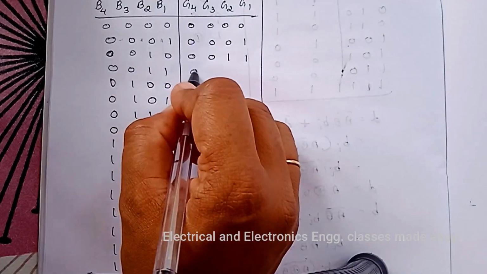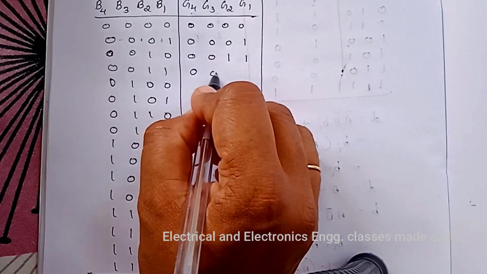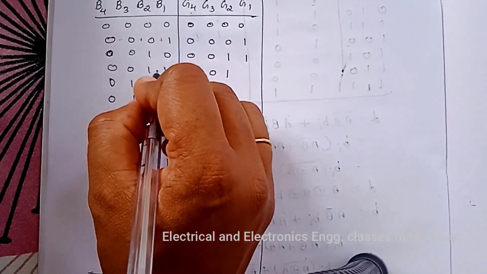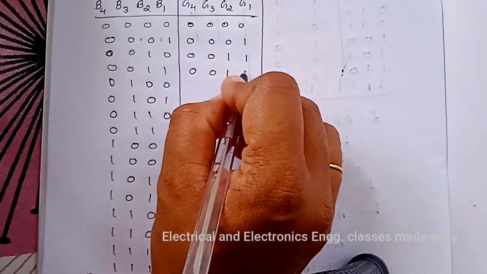Next, 0, 0 plus 0 is 0, 0 plus 1 is 1, 1 plus 1 is 0.